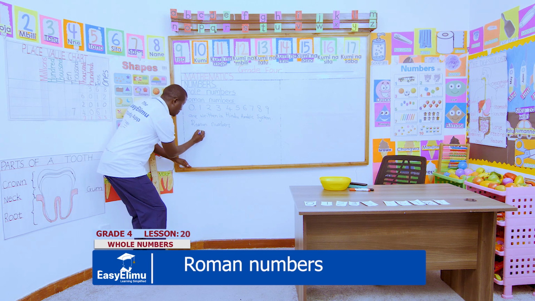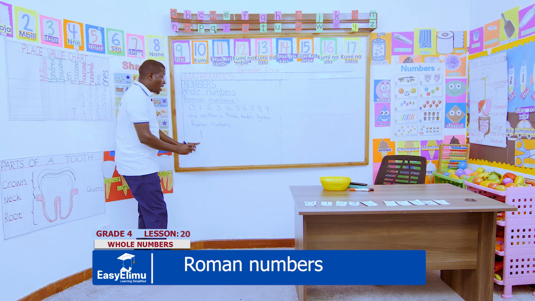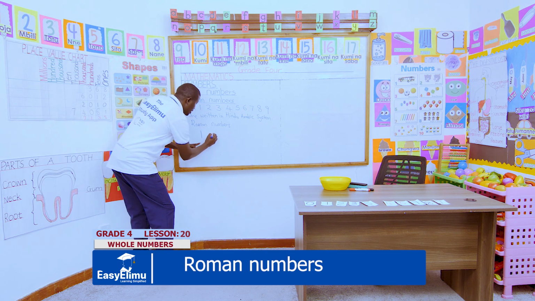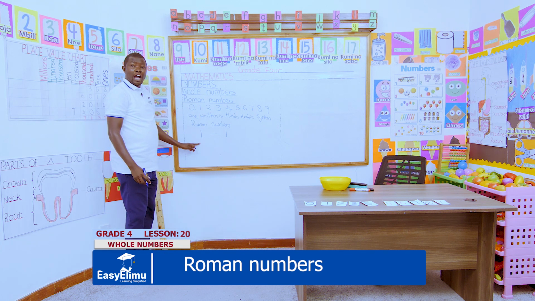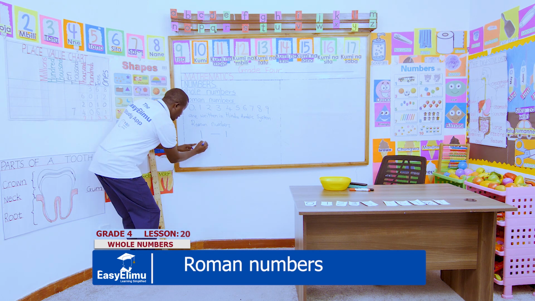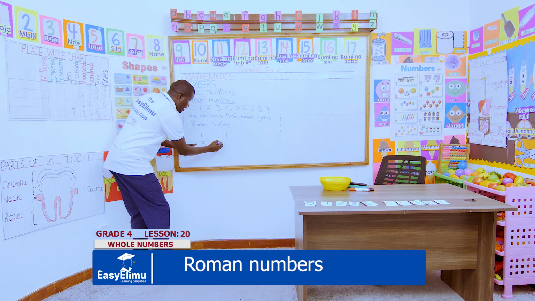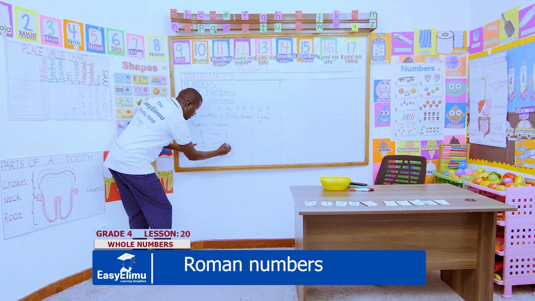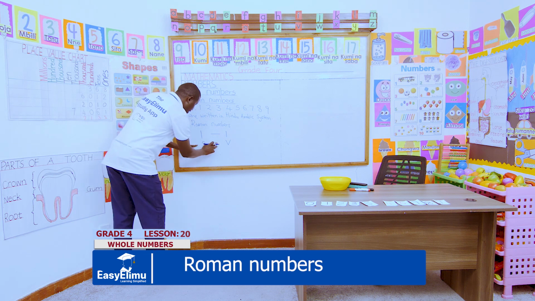We had this number, the main stem. This in Indo-Arabic is number 1. Number 1 in Roman was represented by this letter. We have also number 5 in Indo-Arabic. It was represented in Roman by a V. And the last one is number 10.